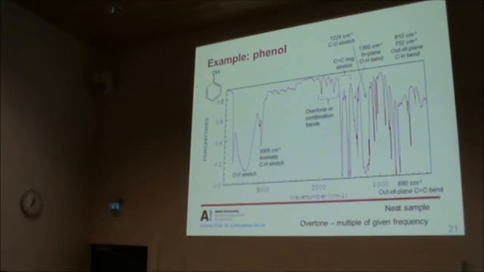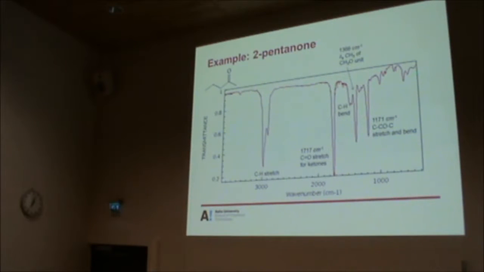It works both ways. Okay, so now let's have a carbonyl group. In the previous slide we had C single bond O, so now you have introduced a C double bond O, and you have peaks corresponding to that.